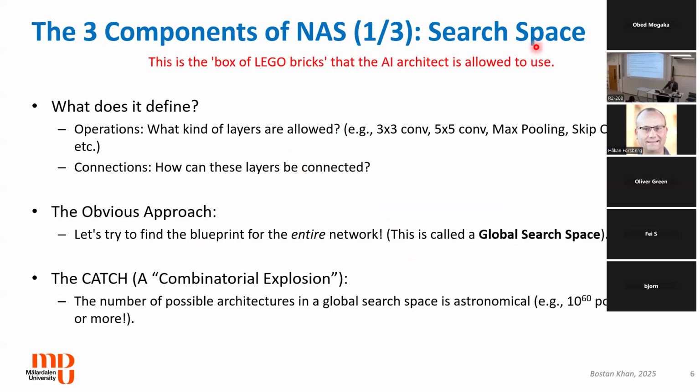When we are trying to build, for example, a convolutional neural network, before transformers, CNNs were the most popular kind of deep learning models. So what kind of options do we have when building a new CNN? We have the kernel size, the depth of the deep learning model, as well as the width of the model at certain places. By width, we mean the number of channels or filters that we have. So these are the three main things.